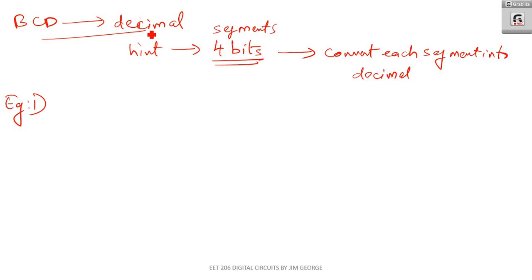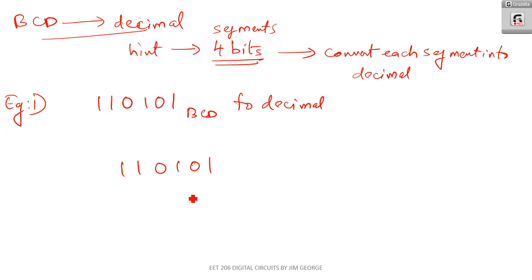Then BCD to decimal. Example: convert 110101, that is in BCD format, to decimal. Here you have to take it segment-wise. So 110101, so 1, 2, 3 and 4. You cut here and add 2 zeros here.